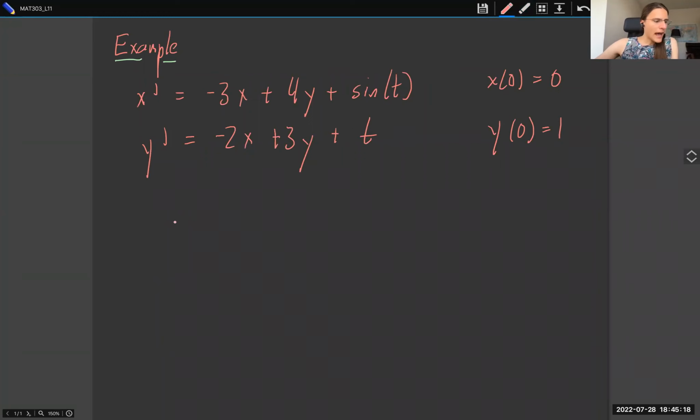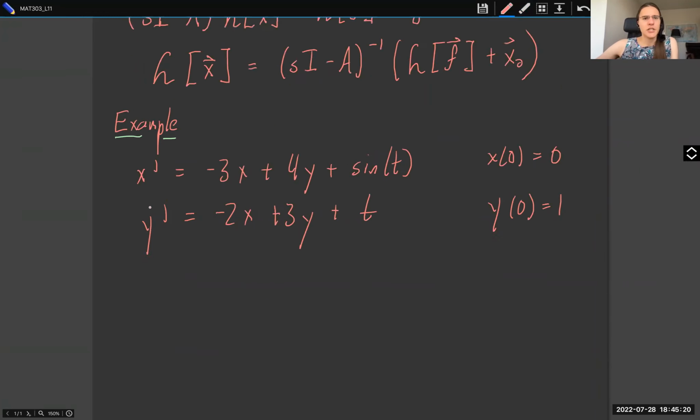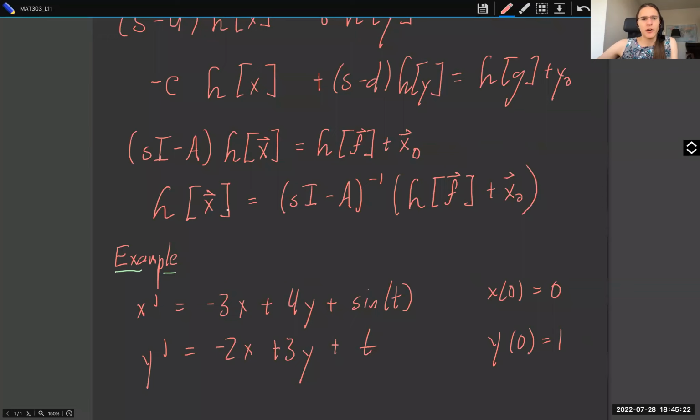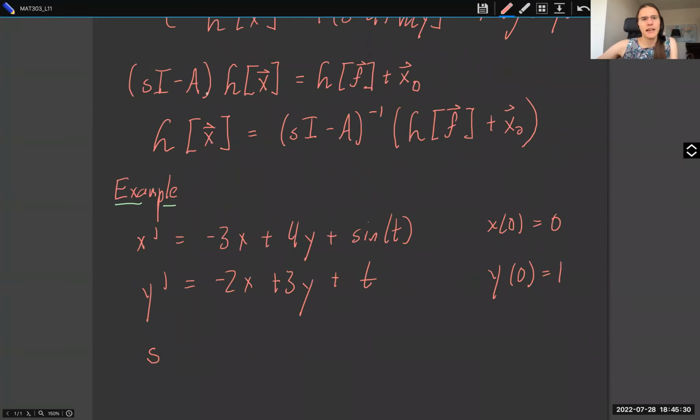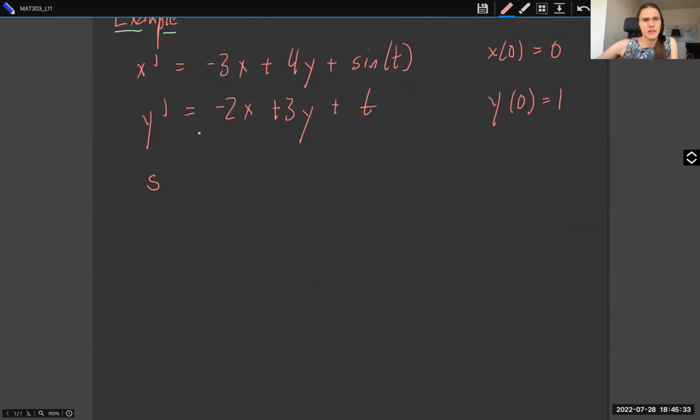Then what we have basically is we can just set up the system like we did before. So it's going to be s, then minus A, so it's going to be sI minus A. s plus 3 is going to be the entry here, minus 4 is going to be the entry here, plus 2 is going to be the entry here, and then s minus 3 is going to be the entry here.